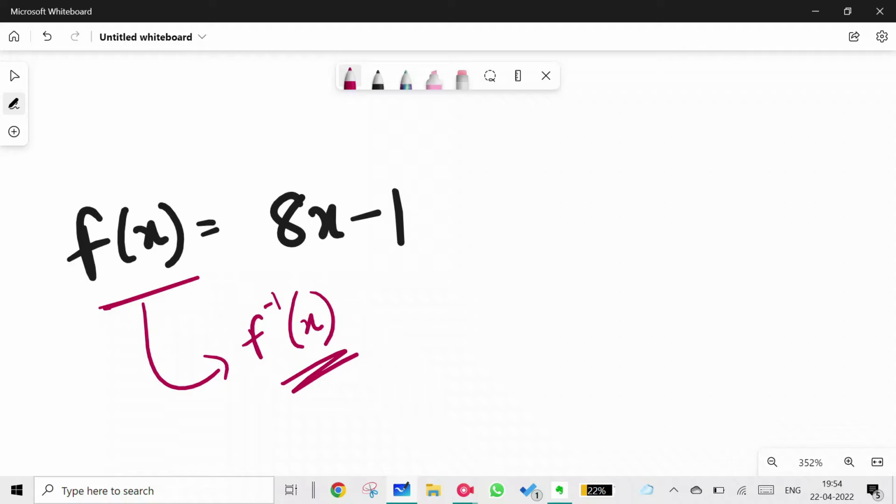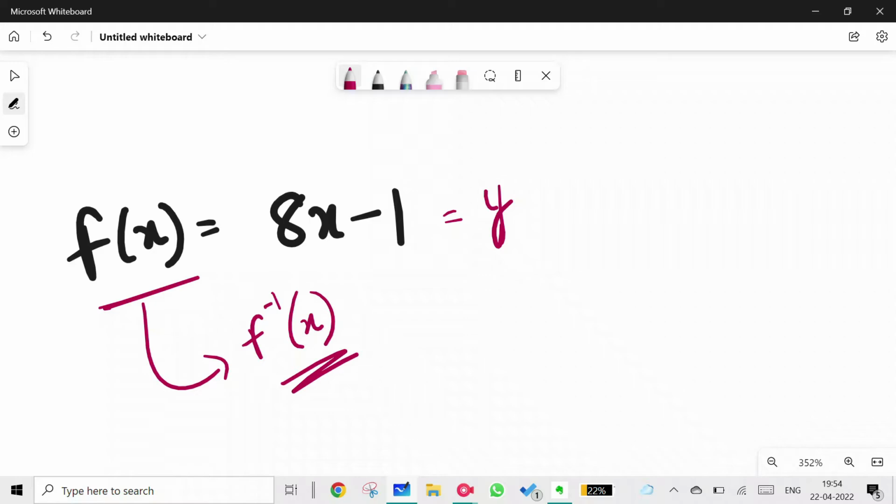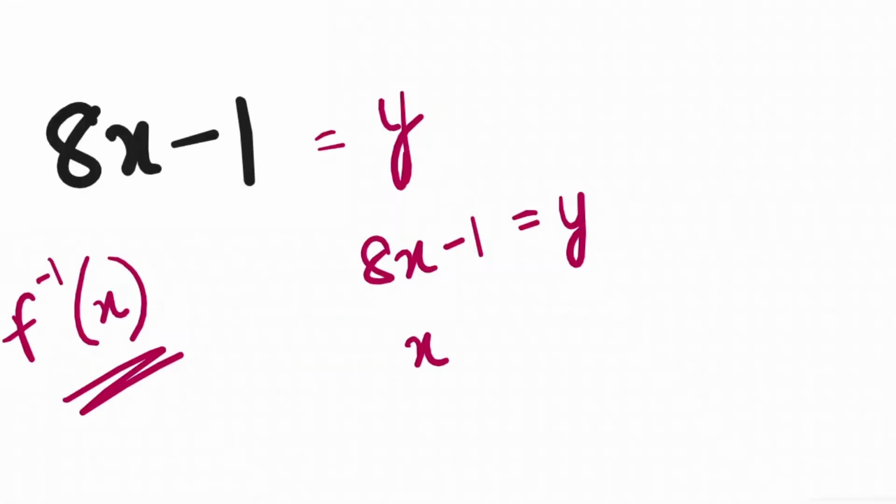Now the way you solve it is a little tricky, so pay attention. Now f of x is 8x minus 1. Let me just equate it to an alphabet y. You can take another alphabet if you wish, but I'm taking y. So 8x minus 1 equal to y. So the first step that you do is isolate x and take everything else to the other side. So what I mean is you take x on one side and remaining everything goes to the other side, like this.